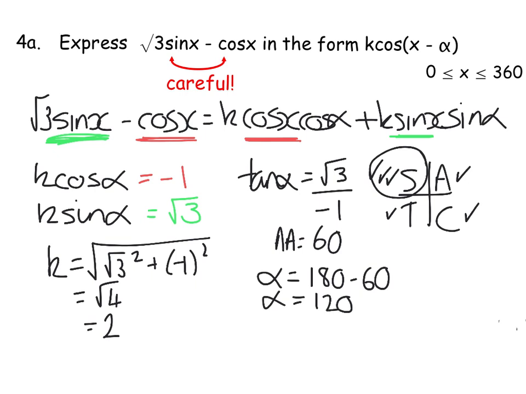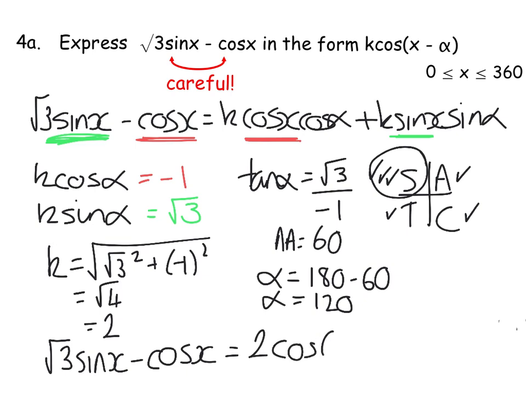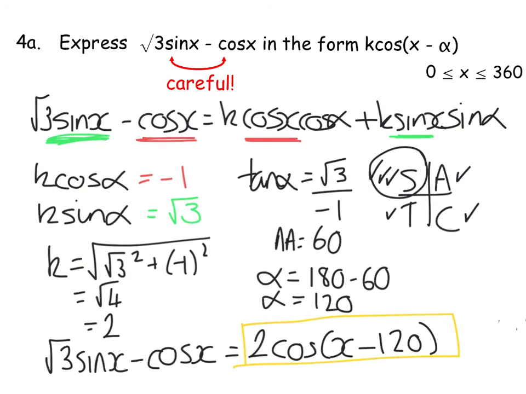So to finish the question off, we say that root 3 sin x minus cos x equals 2 cos x minus 120. And that there is our final answer.